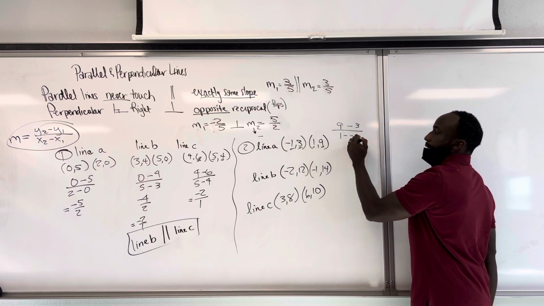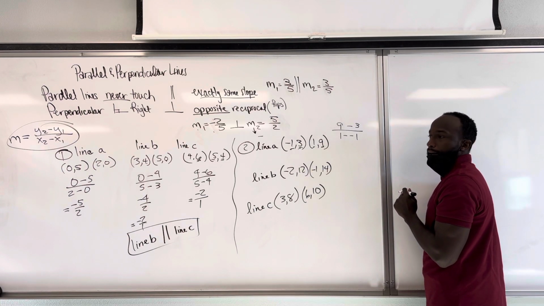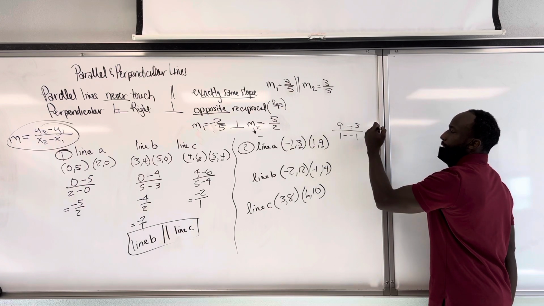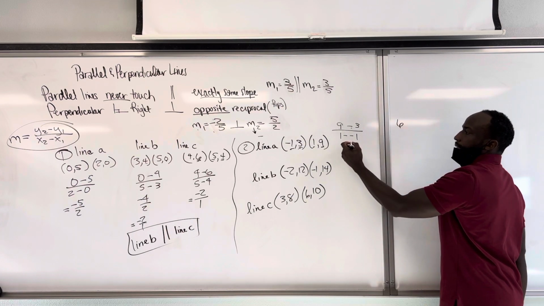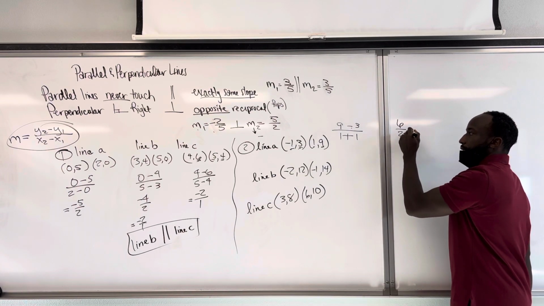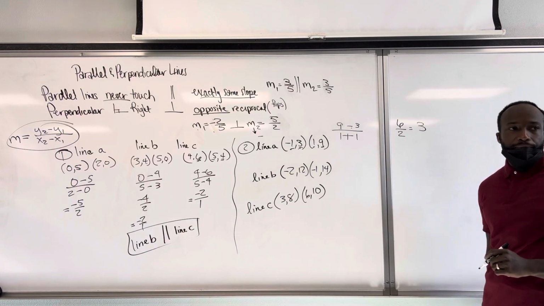So minus negative 1. Okay? Here we go. 9 minus 3 is 6. And then this is 1 plus 1, which is over 2. So it's going to give you 3 as a slope.